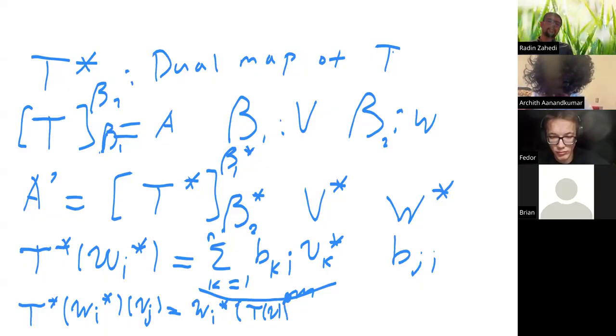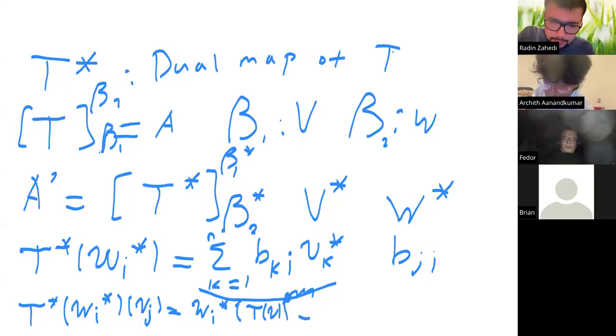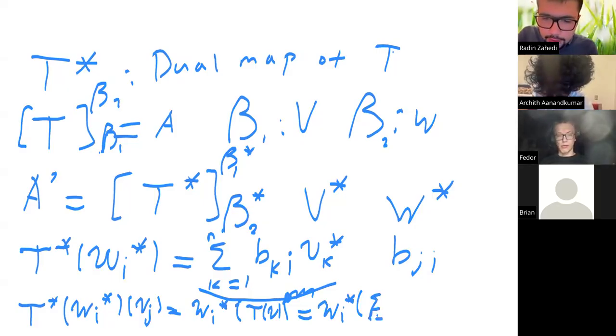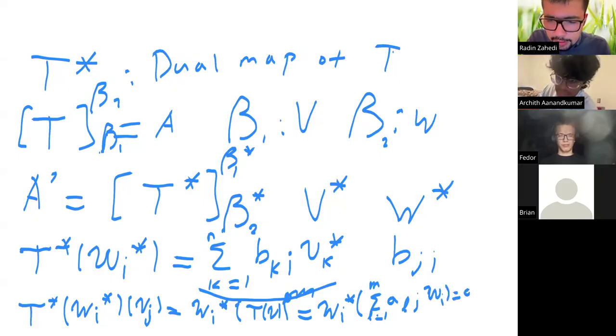By the definition, this is Wi star of the sum over l from 1 to m of A l j W l, where these A's are elements of the matrix A. By assumption, this is just A i j, right?